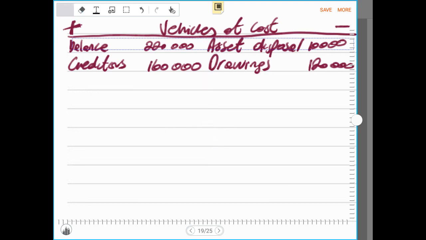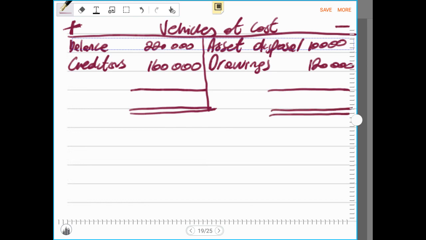There was no other entry that affected our motor vehicle. So now we can balance this ledger account. Draw these two lines always whenever you balance the ledger account. Now we have to add the debit side because the debit side is greater, and the total of the debit side is 380,000 rands.